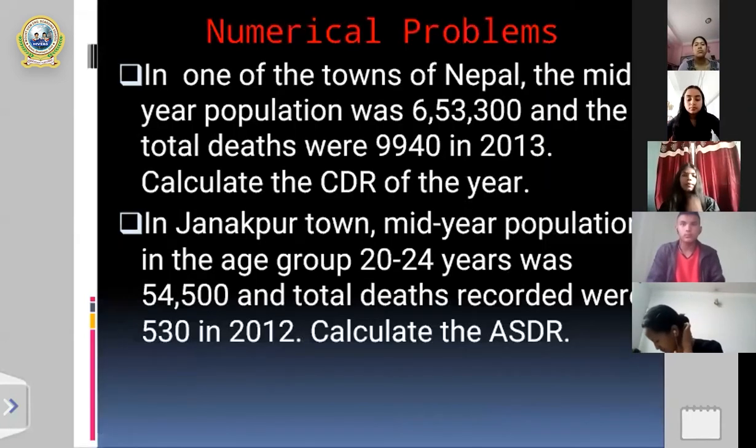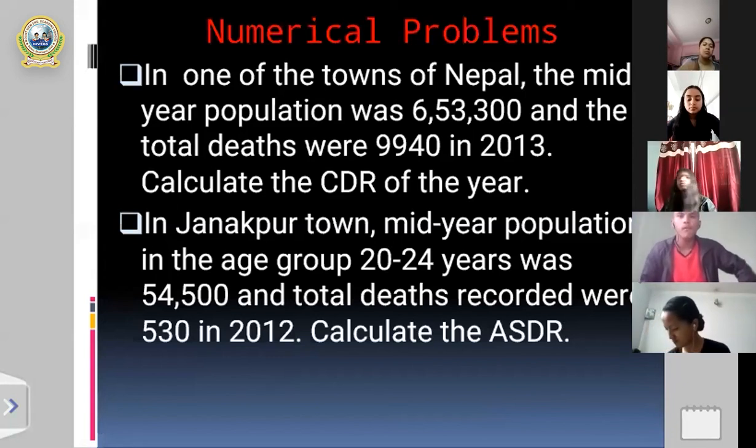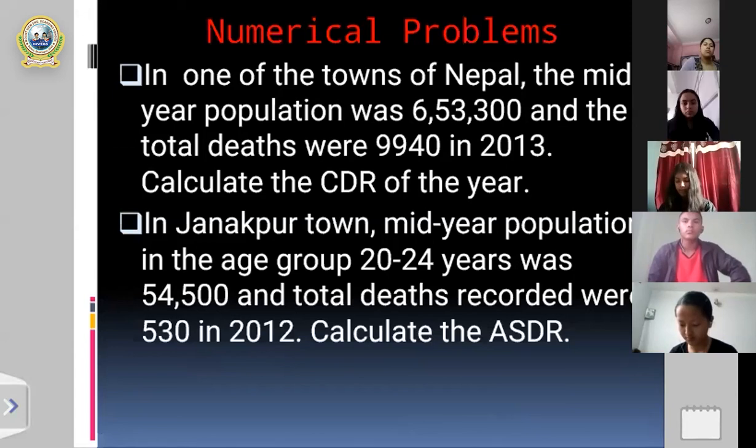And after that, my dear students, I have mentioned some numerical problems. I have mentioned 4 numerical problems, and these are the homework assignment for you. So by the next class, you should complete these numerical problems.